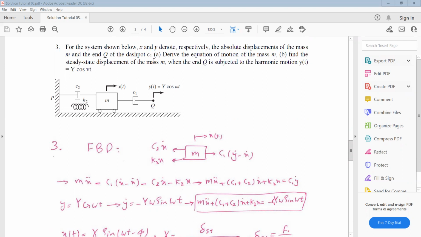For the system shown below, X and Y denote respectively the absolute displacement of the mass M and the end Q of the dashpot C1.